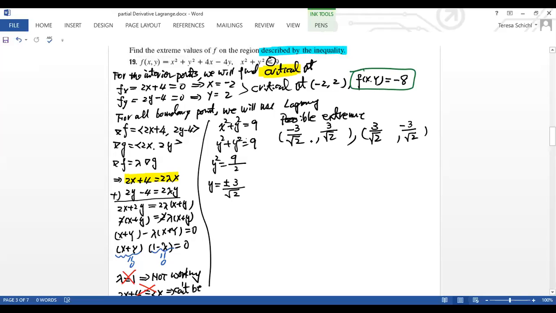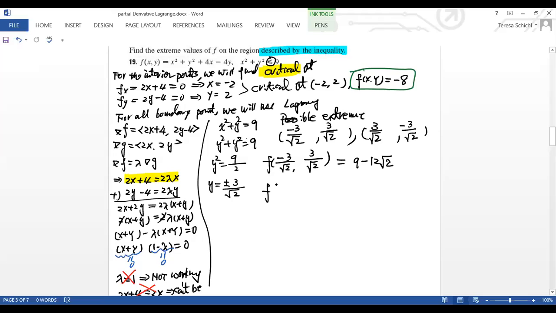Now you plug back into f of x, y. With x equal to negative 3 over square root of 2 and y equal to 3 over square root of 2, if you plug back in, I get 9 minus 12 square root of 2.